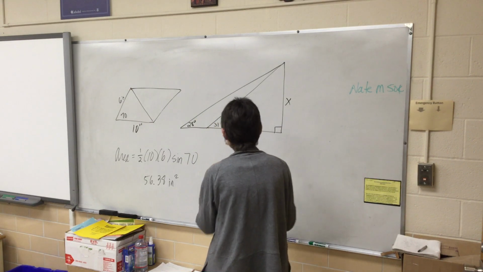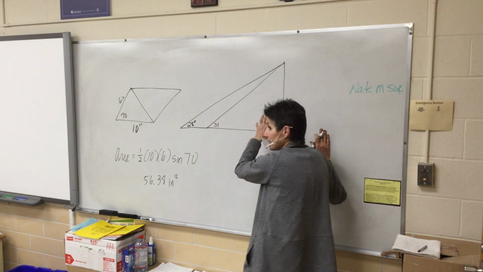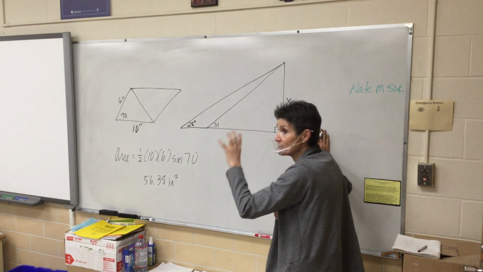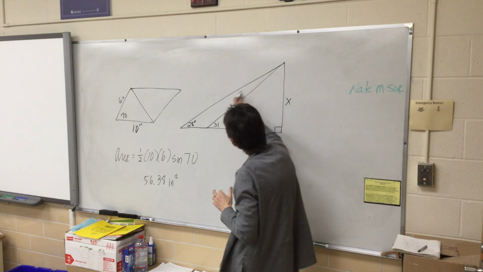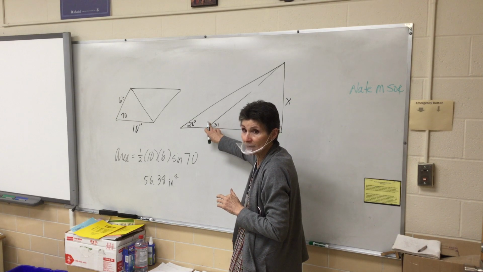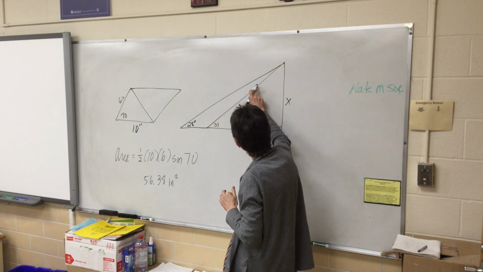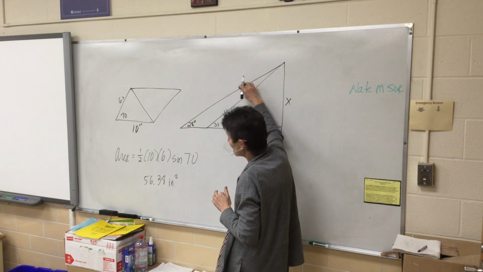Before, we had to look at only this triangle and the whole triangle, because we were focused on right triangle trigonometry, SOHCAHTOA. But now we know how to deal with triangles that aren't right triangles. So if you think about it, I know a lot about this skinny little triangle right here.